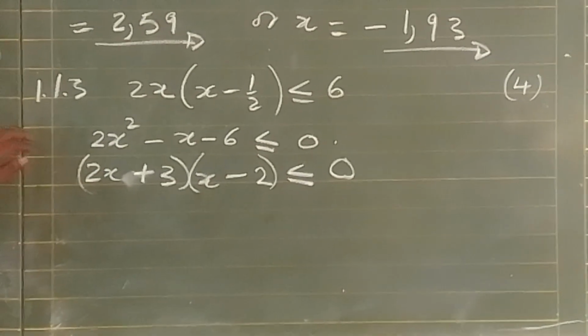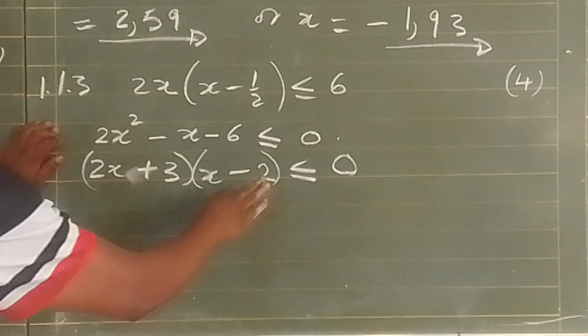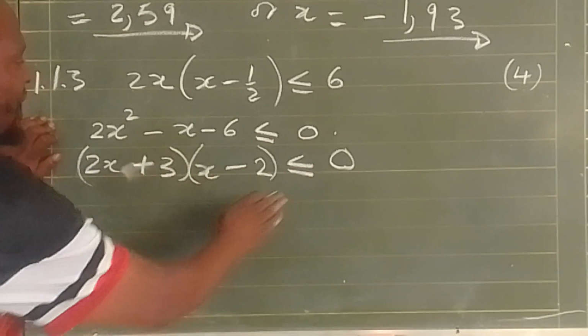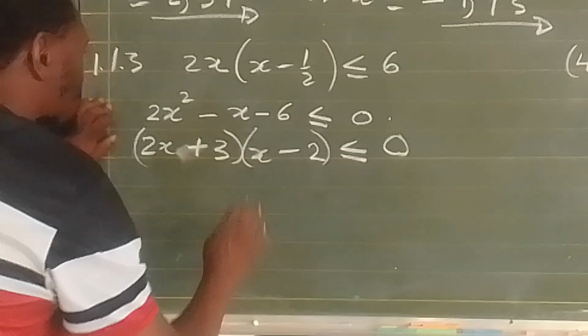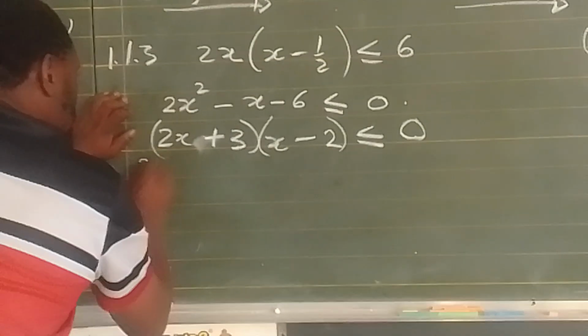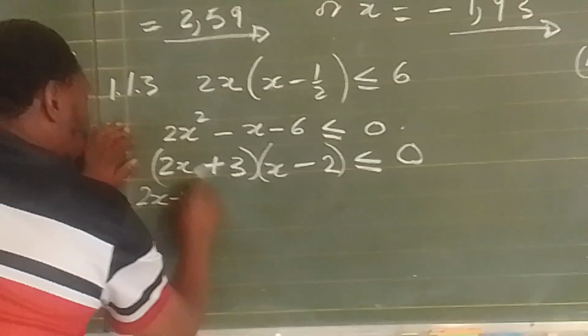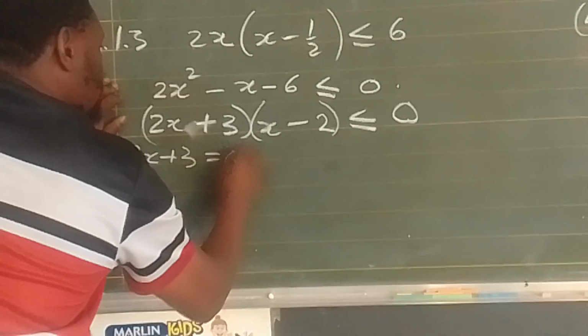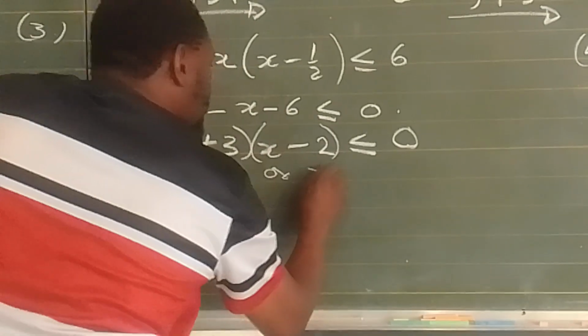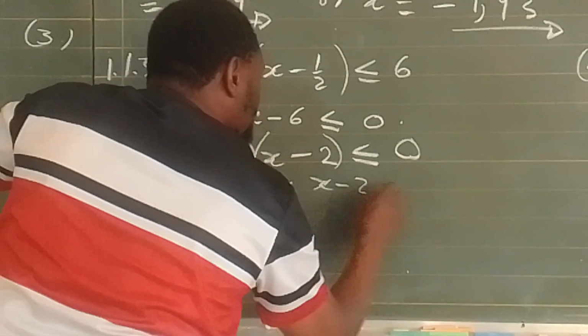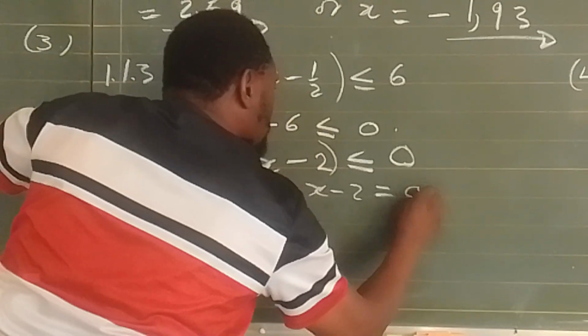Now, remember when we were doing inequalities, I said you drop this inequality sign so that you can solve the problem. So you say 2x plus 3 is equals to 0, or x minus 2 is equals to 0.